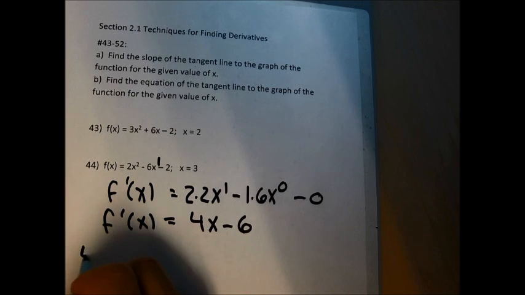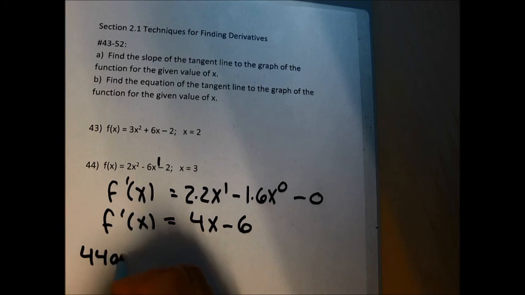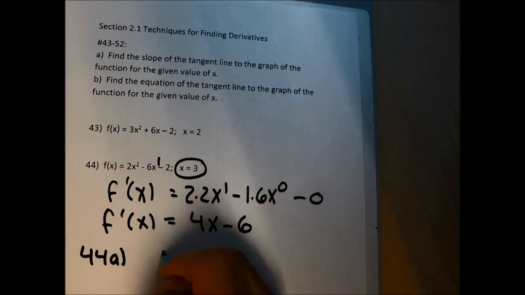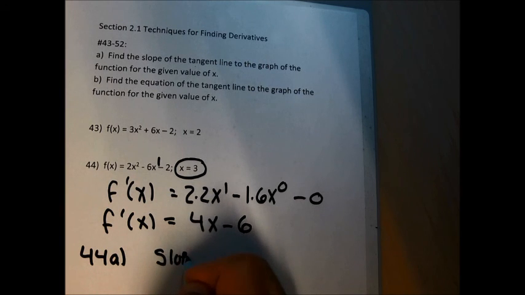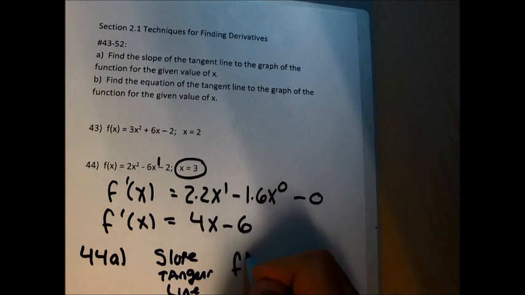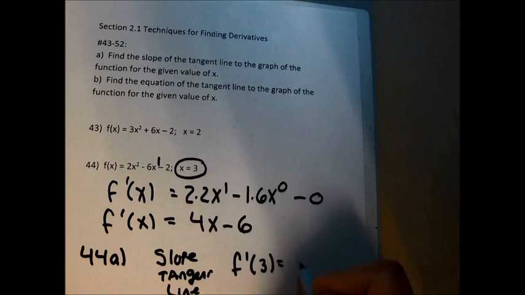To do 44a, to find the slope of the tangent line at the value of x that's given, you get the slope of the tangent line by taking the value of x and plugging it into the derivative. So that's what I'll do.